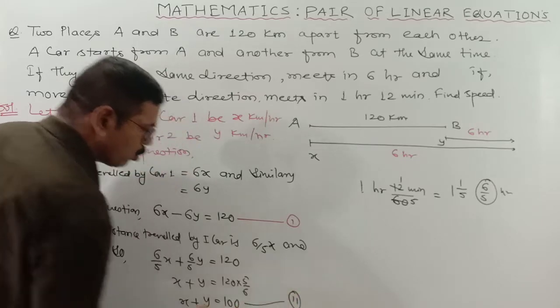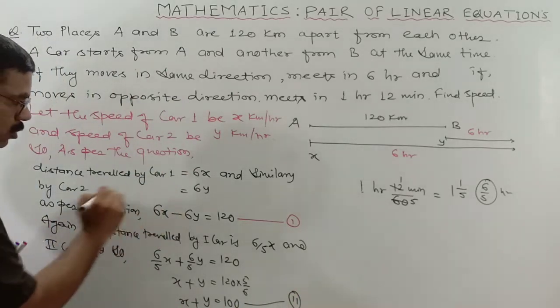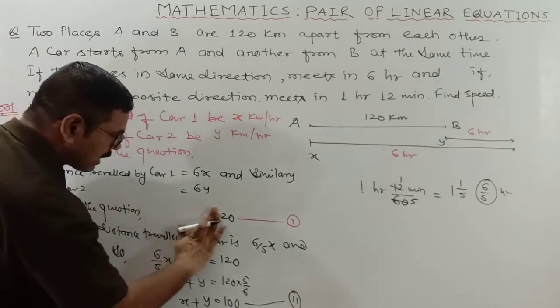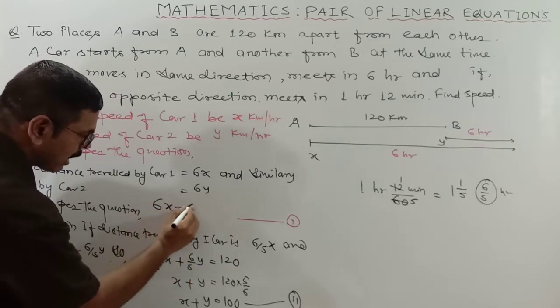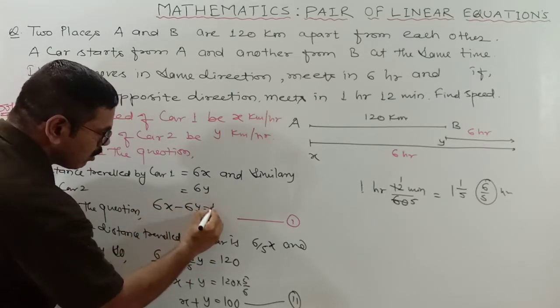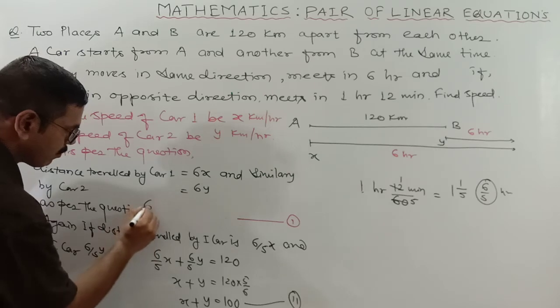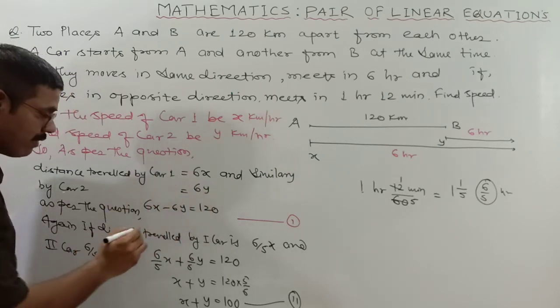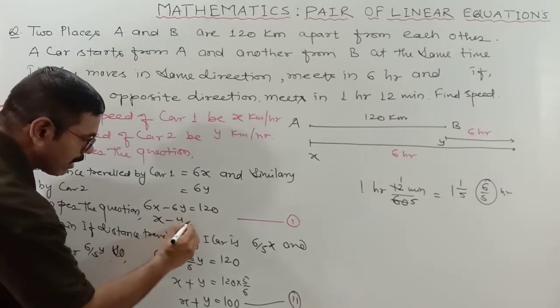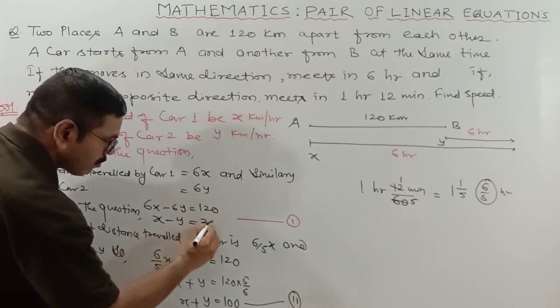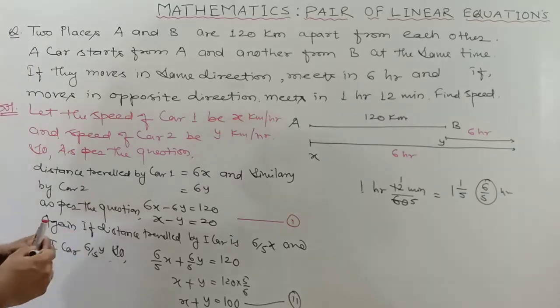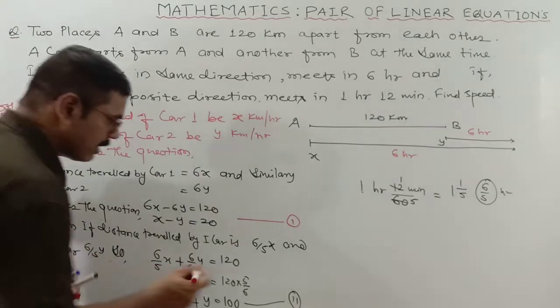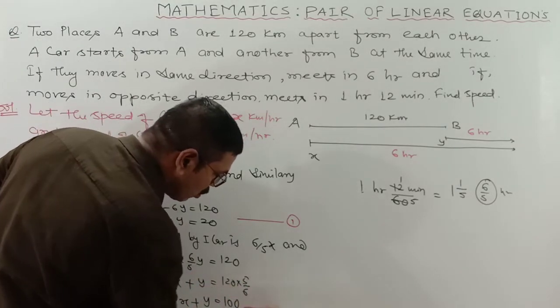Equation number 2. This equation can also be written in the form, see, 6x minus 6y is equal to 120, suppose. If we divide it by 6, it will become x minus y is equal to 20. This is equation number 1, and the second equation is x plus y is equal to 100.